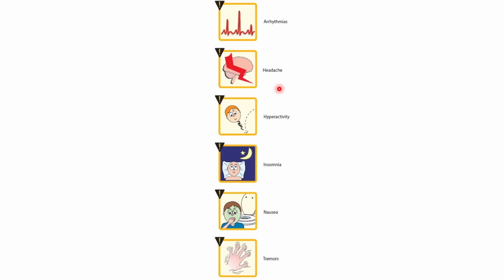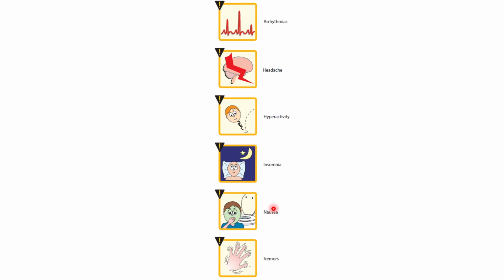Okay, and the adverse effects include the arrhythmias, usually tachyarrhythmic forms. Then headaches are most common adverse effects. Hyperactivity in children, usually in children. Insomnia, usually in adults, like the younger age adults.